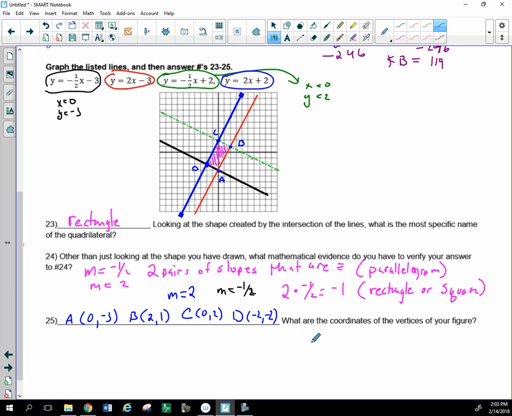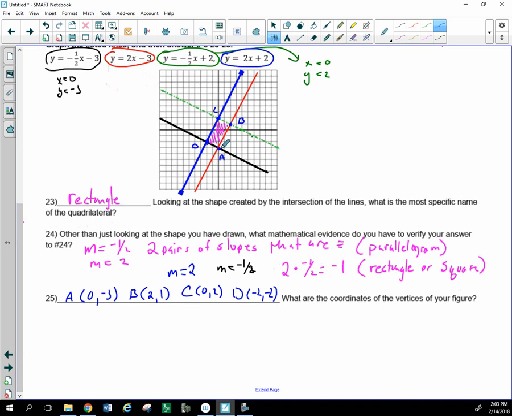All right, in order to prove that this thing is a rectangle versus a square, we use the fact that in a parallelogram opposite sides are congruent. So if I can get 2 sides next to each other that are the same length, then this thing becomes a square.